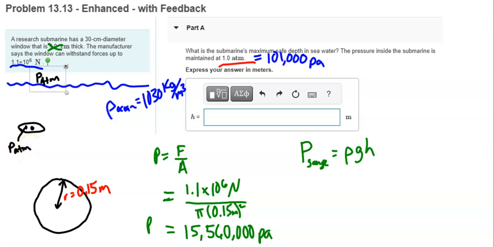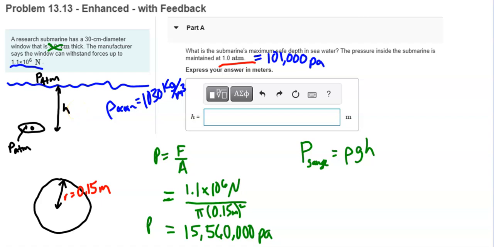And so what that means is that we just don't have to worry about the pressure inside of the submarine. All we really have to worry about is just how deep underwater the submarine can go. We'll call that H underwater.